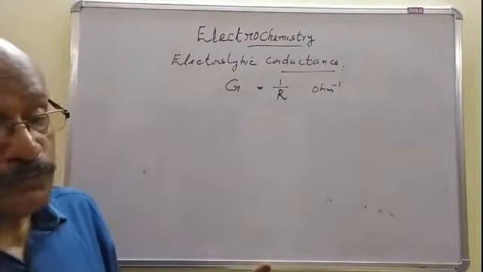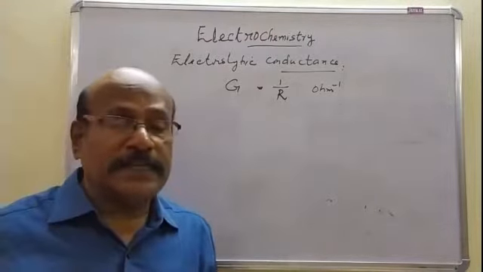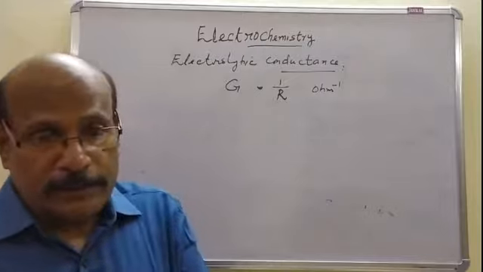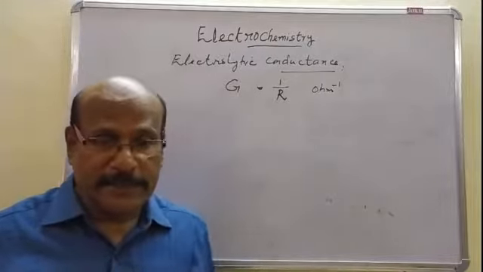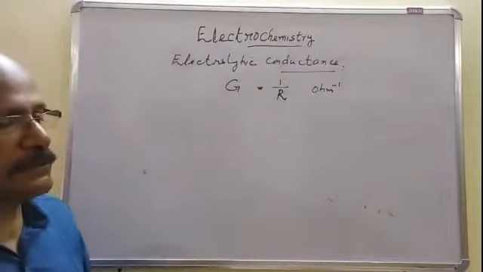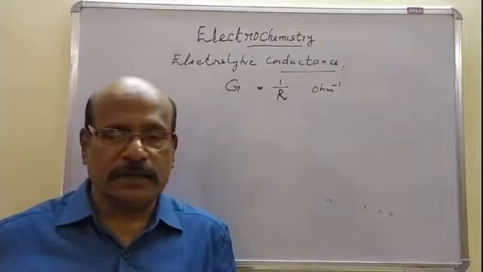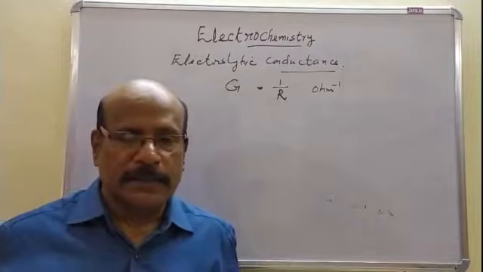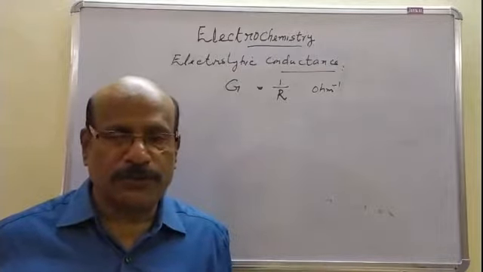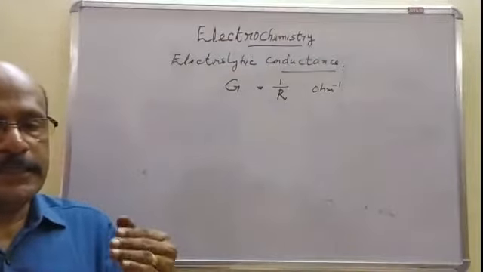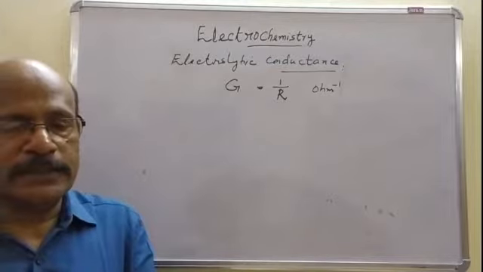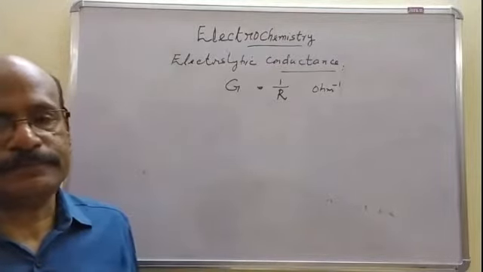In our case, we are dealing not with a metallic conductor. We are interested in the electrolytic conductor, and in most cases our interest is an aqueous solution of an electrolyte taken in a particular vessel called a conductivity cell.